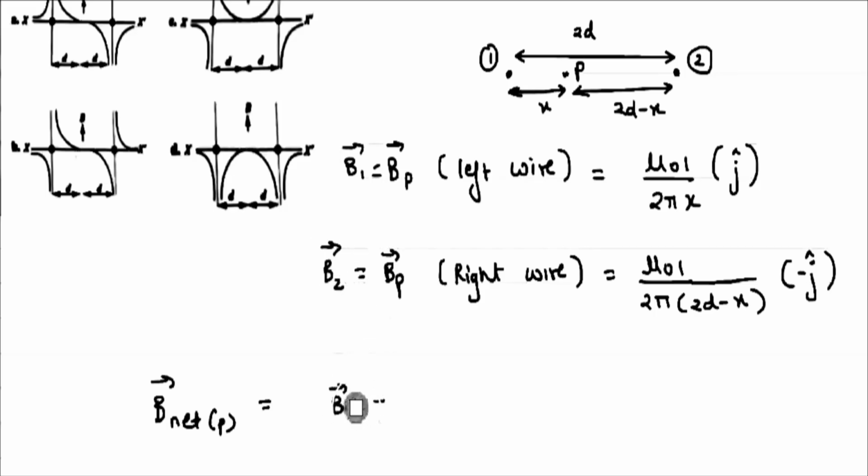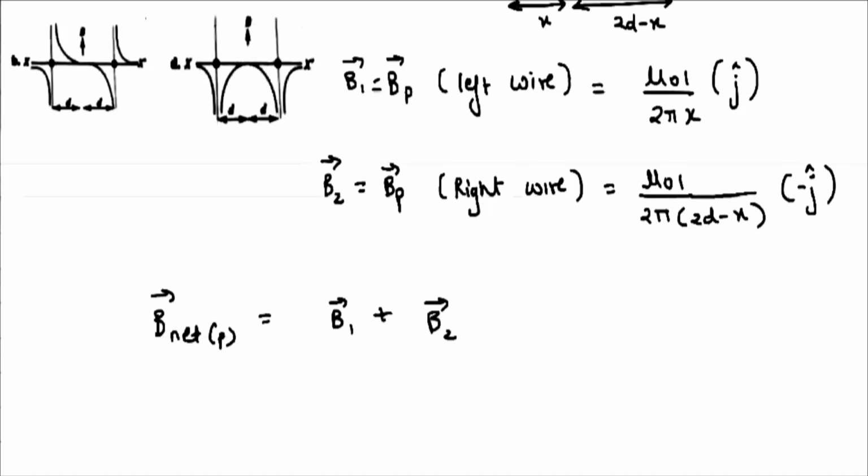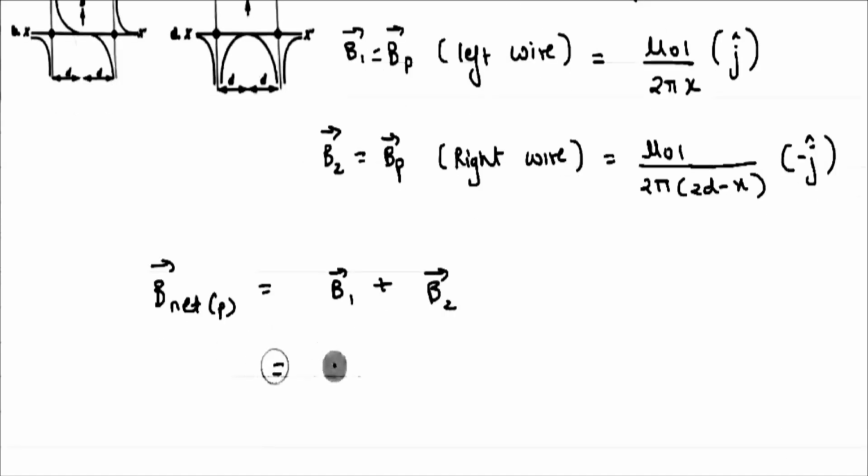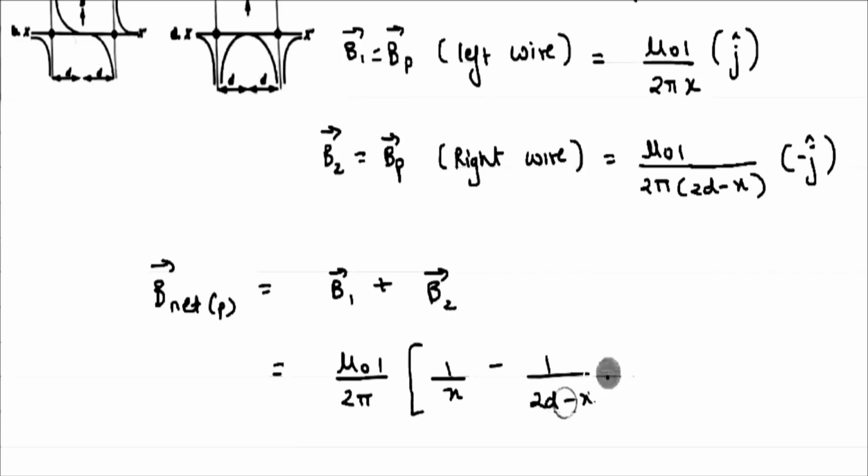So we can write it as B1 bar plus B2 bar. Adding these values, we get mu 0 I by 2 pi taken out as common, so we are left with 1 over x minus 1 over 2d minus x.